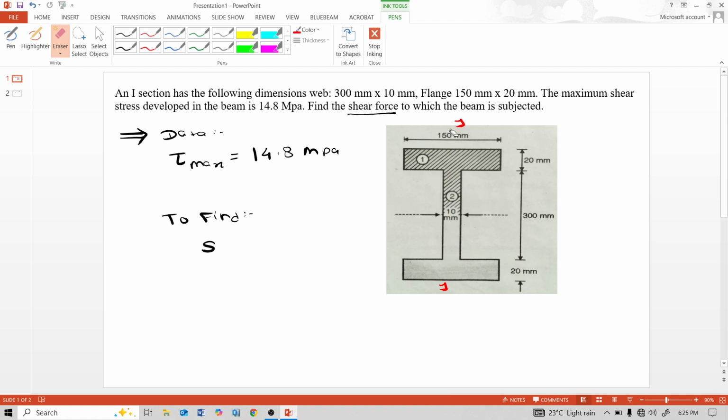So finding the neutral axis for this section is easy for us, because we don't need to use the formula y bar is equal to a1 y1 plus a2 y2 plus a3 y3 upon a1 plus a2 plus a3. We get the neutral axis directly.